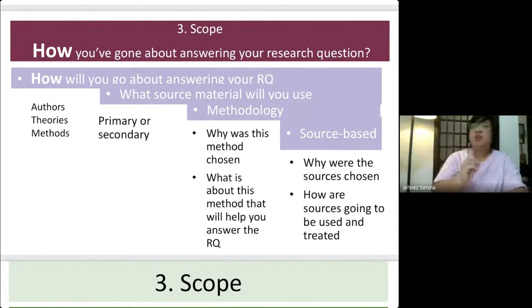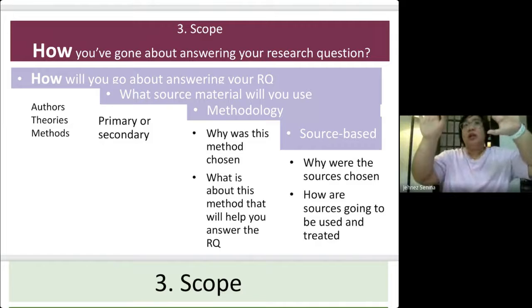And readers will ask, will the student be able to answer the research question with her scope? And they will think, probably that's limited. She could have thought about using this. So in your own brain as well, match your research question and how you're approaching it. Is this a proper way to answer my research question?